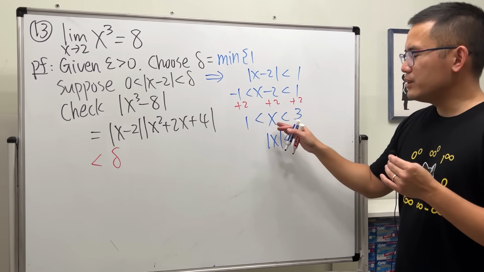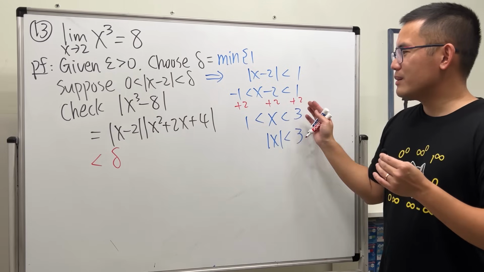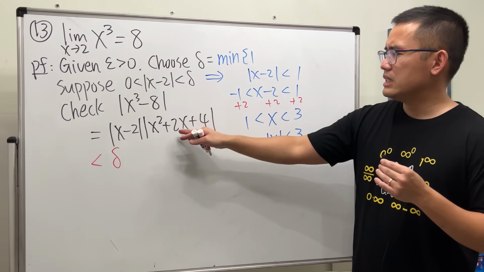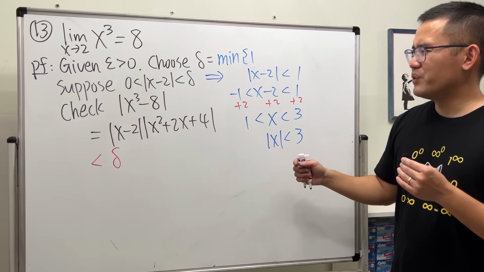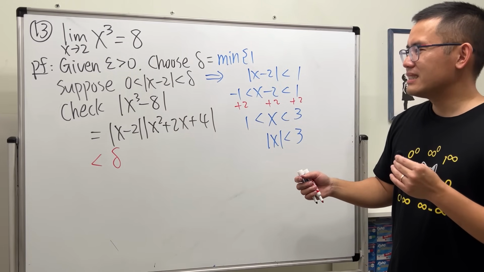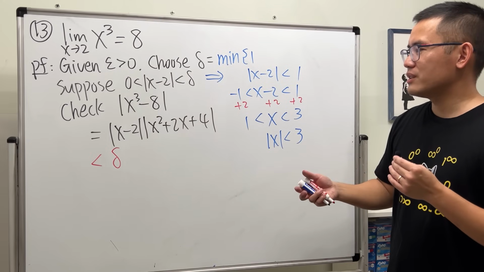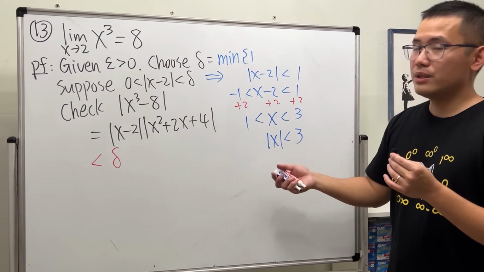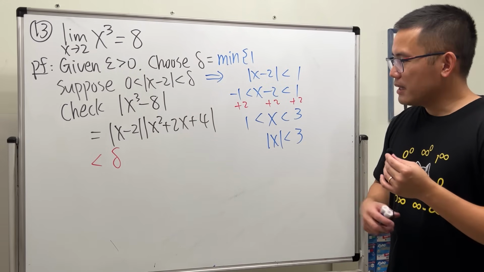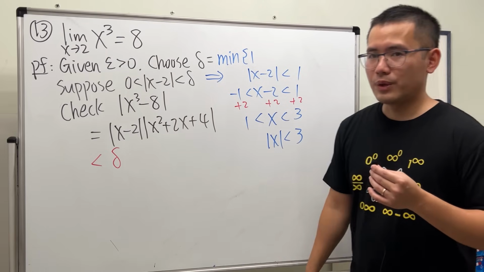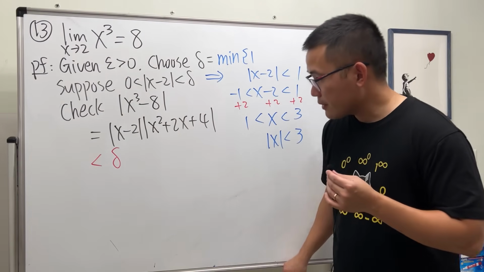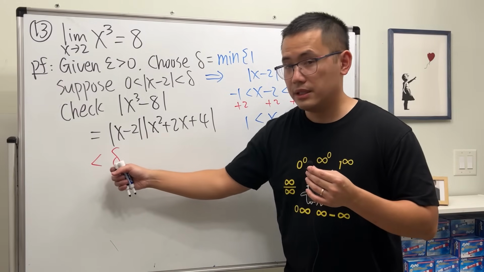You can still try to square everybody and then add the 2x and then plus 4, something like that. But sometimes you have a weirder function, then maybe you can also try this. But anyway though, this is how I want to do it for this time. Earlier I used this, yeah?